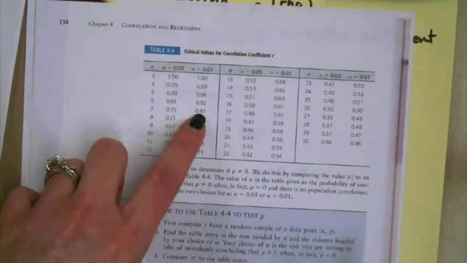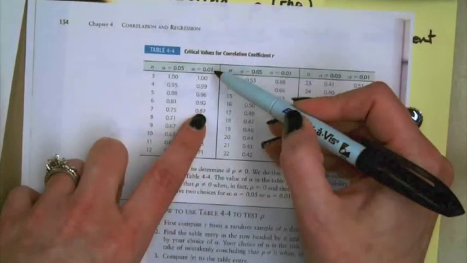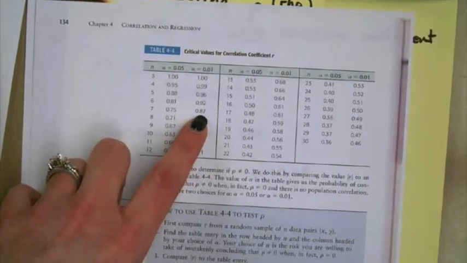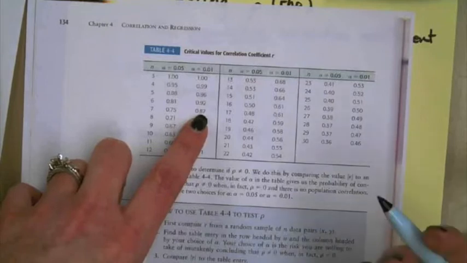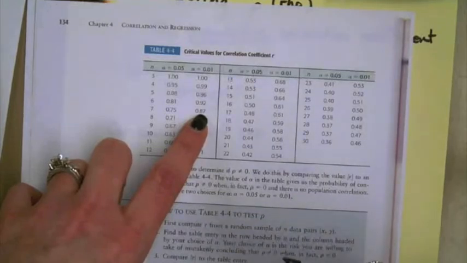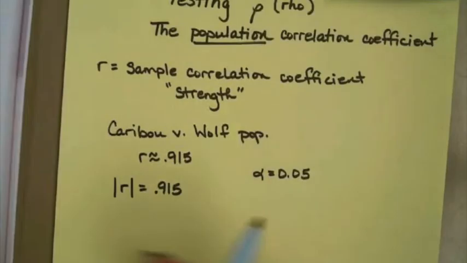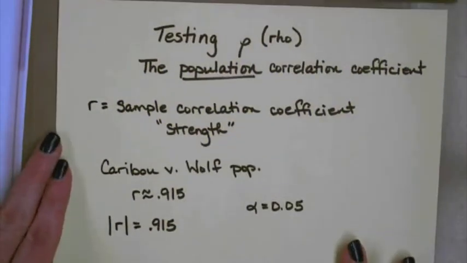But in this case, even if we were stricter with our alpha value, even if we tested all the way down to an alpha of 0.01, our R value of 0.915 is still greater than that 0.87. So we can be fairly certain that yes, there is correlation in the entire population of caribou and wolf based on the R value.